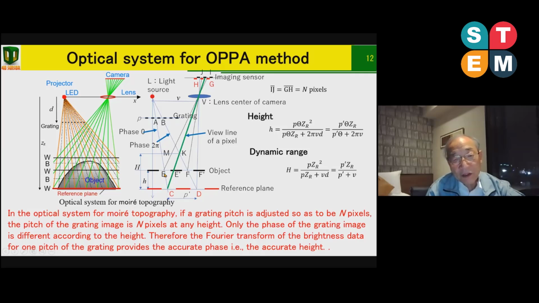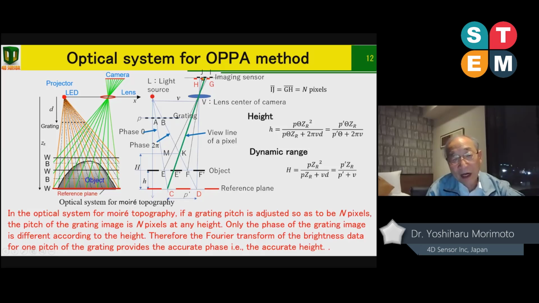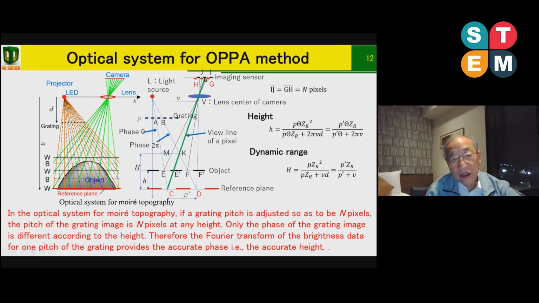However, if we take this one pitch by this camera, in the image plane, the CD length is recorded as a length GH in the image plane. EF is recorded as IJ in the image plane.